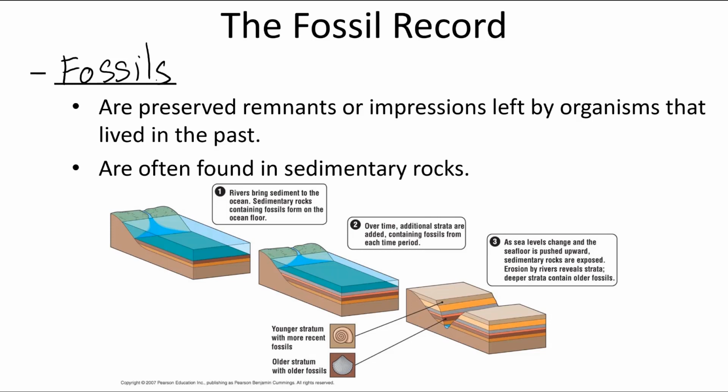One of the keys to understand with sedimentary rocks is that the layers on the bottom were formed earlier than the layers above them. And so in this way, we can date and age fossils that are found in different layers and look at transitions over time.